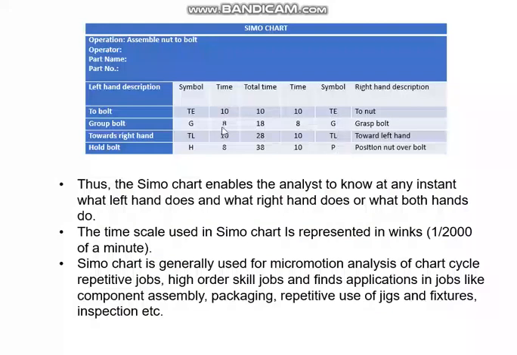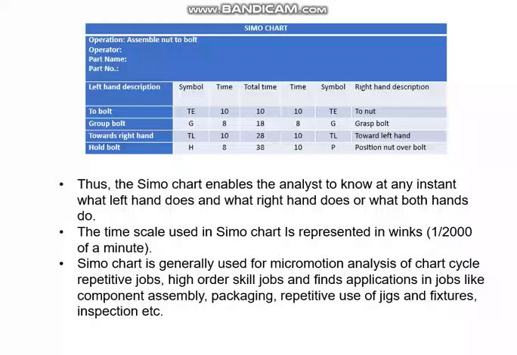And here time is mentioned. Time is given as some number, 10, 8. Is it seconds? No. You see here it is mentioned, the time scale used in a SIMO chart is represented in winks. Wink means, if you close your eye and open, that is a wink. You don't even realize how little time it requires just to close and open.